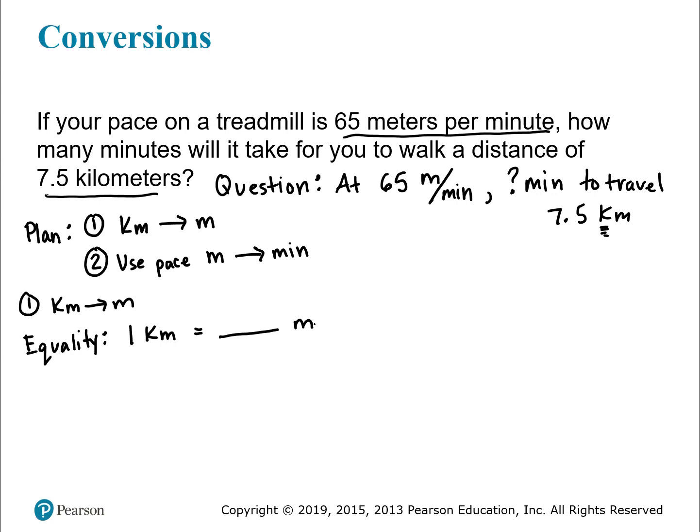Yeah, it's the opposite of what you just said. You look up the prefix on the chart. K is kilo, and it's going to say 1,000 or 1 times 10 to the third. So that's what you fill in here. You fill in what the number is for that prefix.